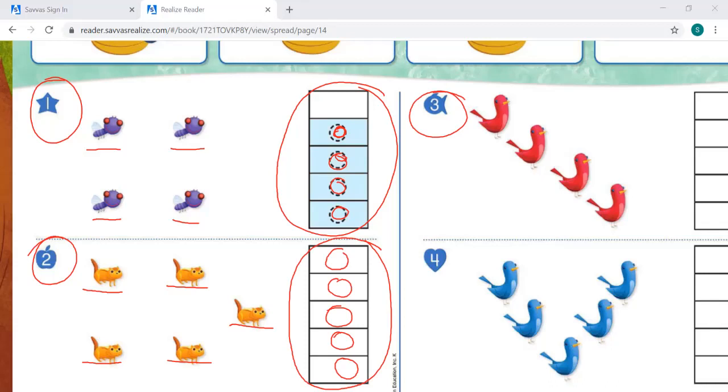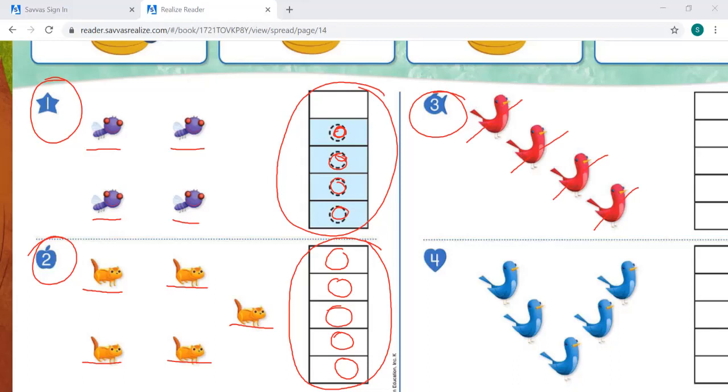How many birds do you see? Let's count to double check. 1, 2, 3, 4. We have 4 birds.